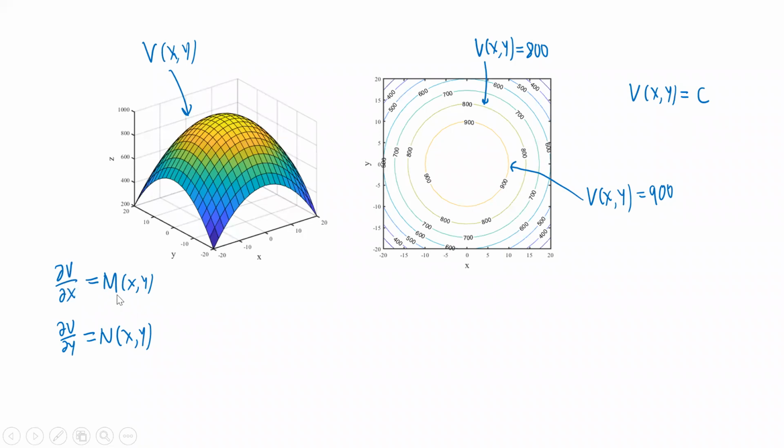So then what you do here, of course, is from partial V partial x, this M, and from partial V partial y, this N, you figure out V itself, right? So that's what you would do. Then after you find V, the contour line equation is just V equals c. Then you're done. Okay.